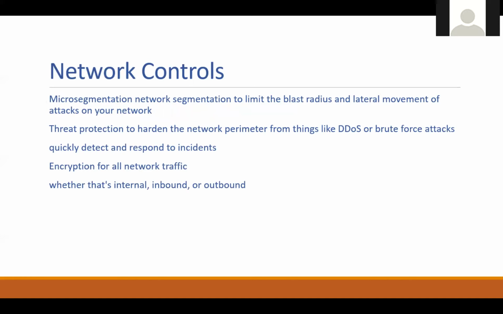So through these features, you can apply microsegmentation to, like I said, limit the blast radius or lateral movement of attacks on your network. So you have entry points and exit egress points within your network that you could stop or create policies to block at any time.